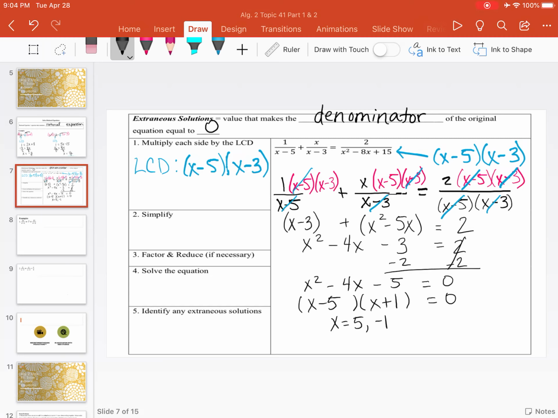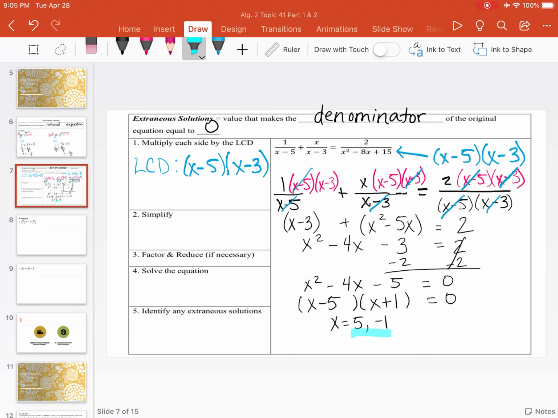But remember what I said beforehand, how we have to think about extraneous solutions. So could either of these two values, 5 or negative 1, if I plug them back into the original equation, could that make any one of the denominators equal to 0?